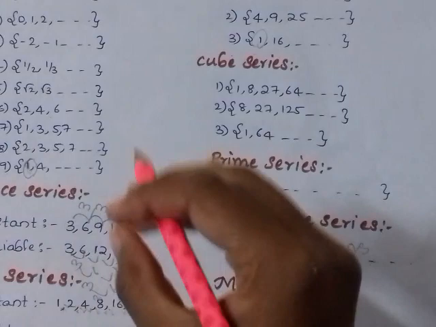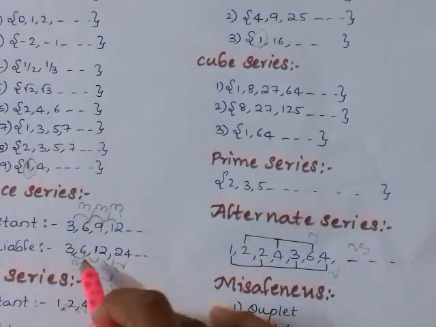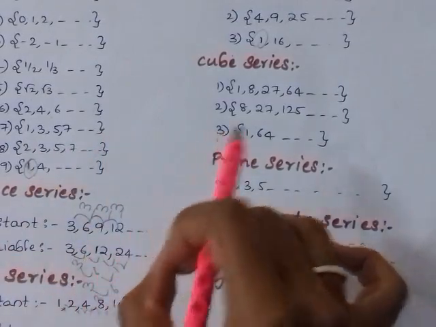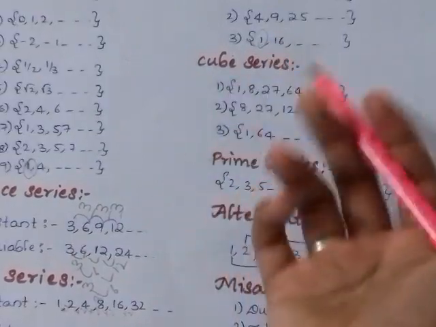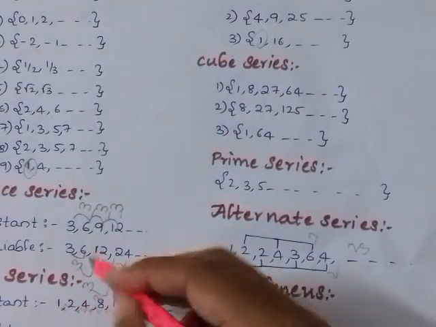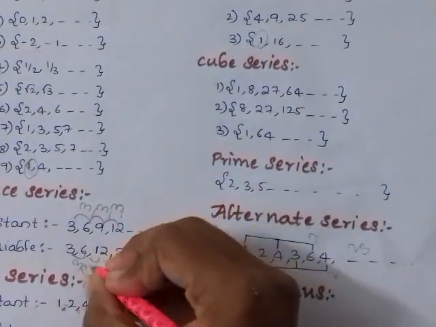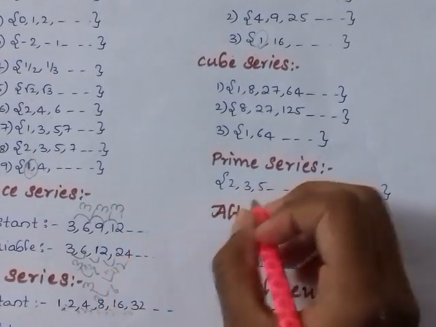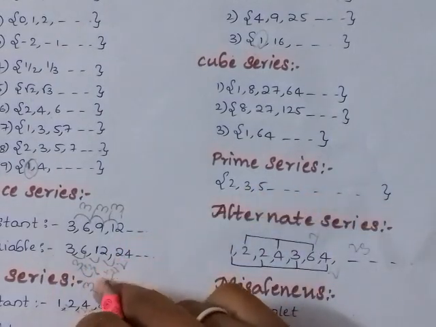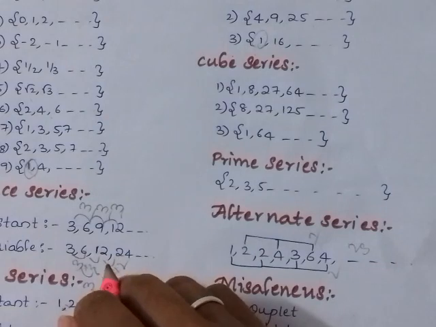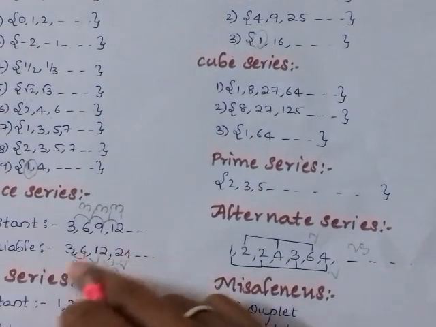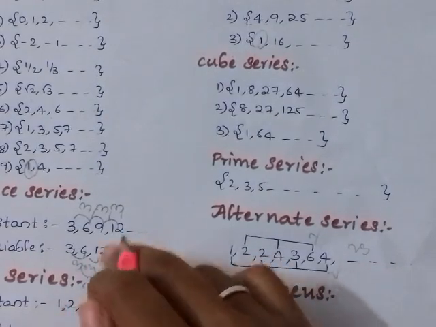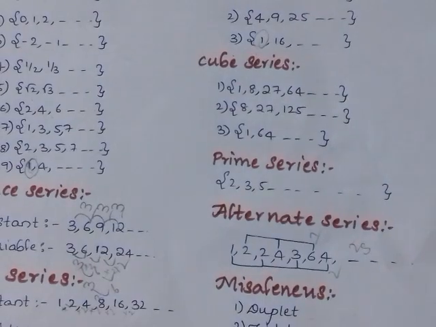So, the variable series have a standard logic in them. That is 3 into 2 is 6, 6 into 2 is 12. So the gaps have a ratio of 2. It means that these gaps belong to the constant product series.